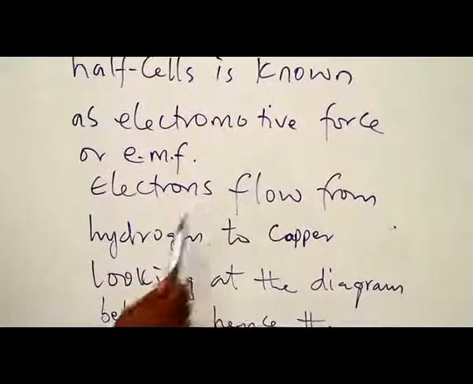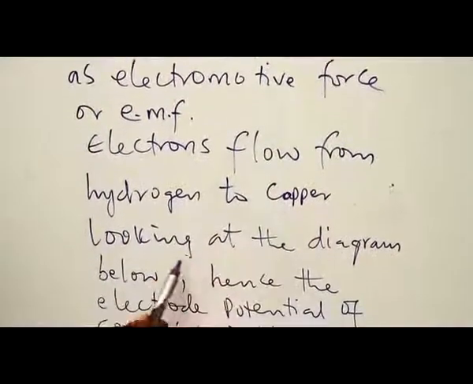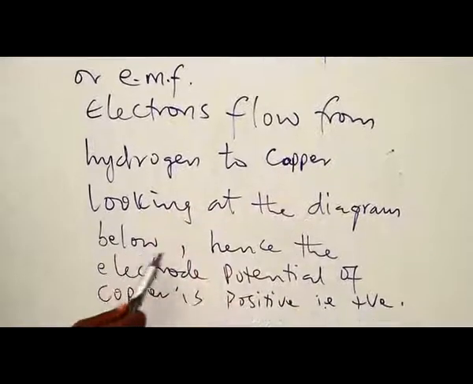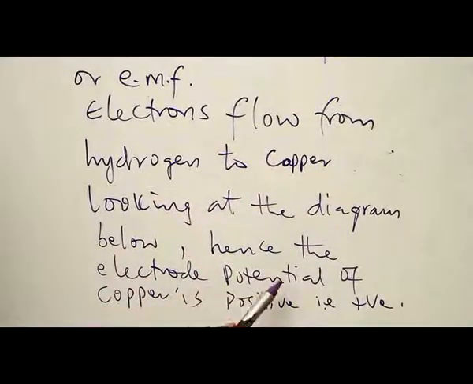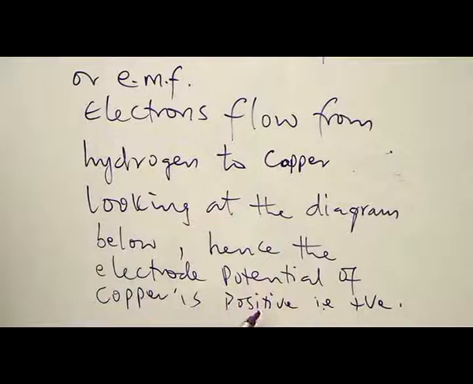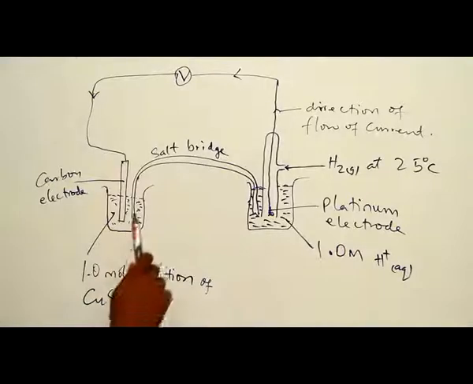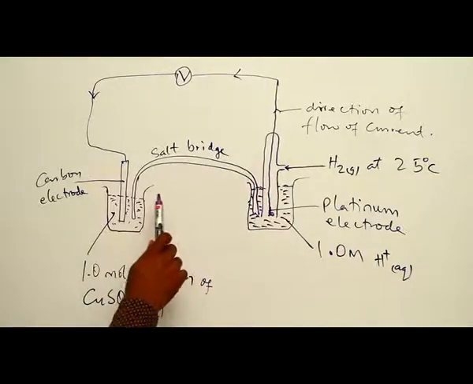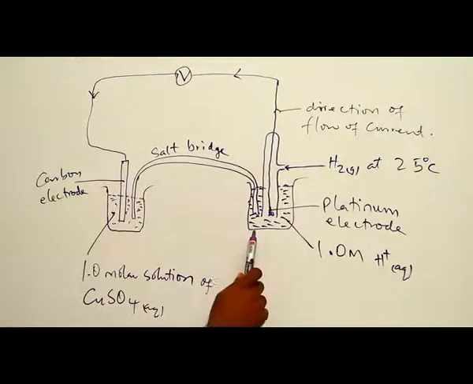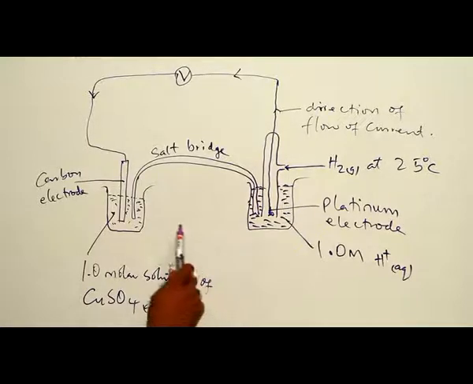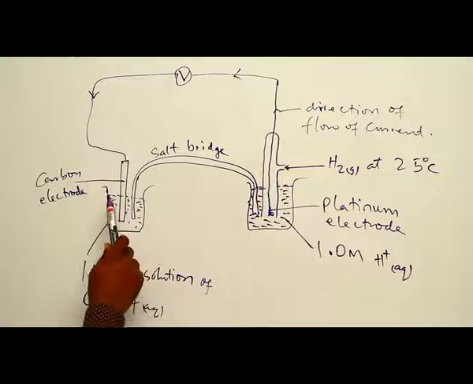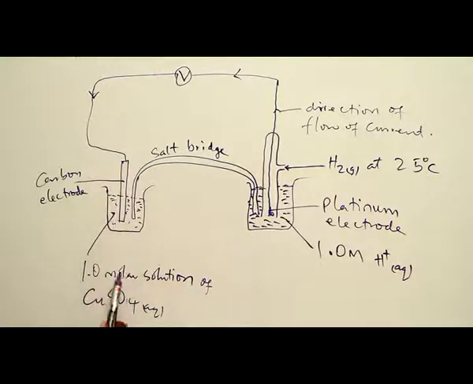Electrons flow from hydrogen to copper. Looking at the diagram below, hence the electrode potential of copper is positive. The diagram describes the use of hydrogen as arbitrary standard in measuring the standard electrode potential of copper.